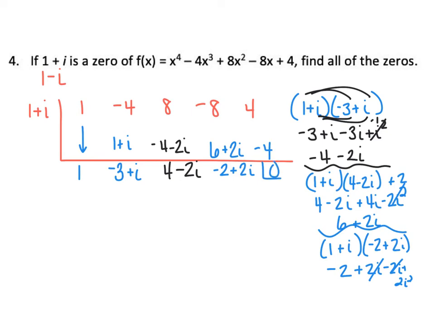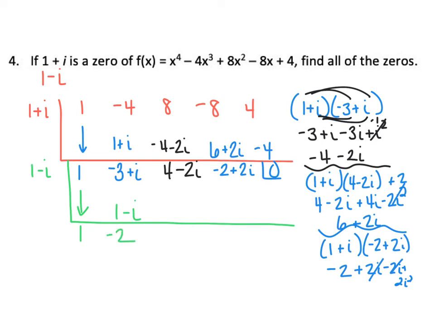So kind of ugly, this depressed polynomial. And the good thing is when I go to do synthetic this second time, it's not going to be nearly as ugly. So I know that my complex conjugate of 1 minus i is a factor. So I'm going to multiply. That's going to give me 1 minus i. I'm going to add negative 2. The i's would cancel.